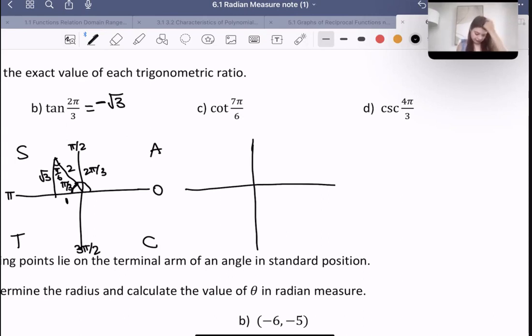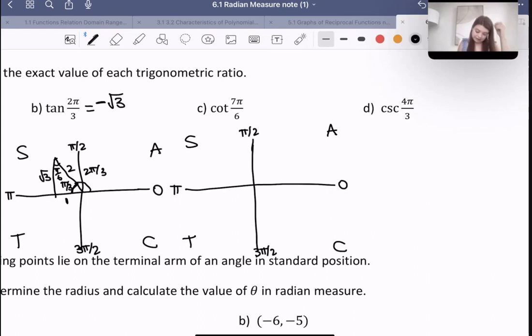Okay, so cotangent of 7 pi over 6. Here we have 0, pi over 2, pi, and 3 pi over 2, like that. Okay, and then we have our CAST.